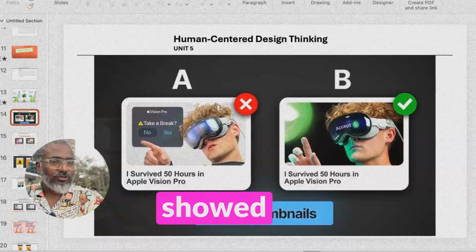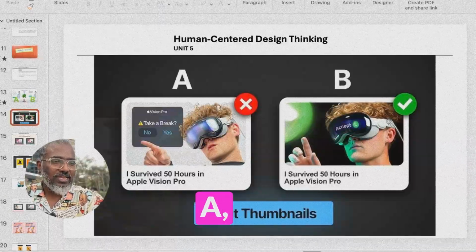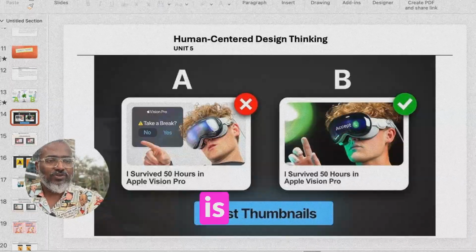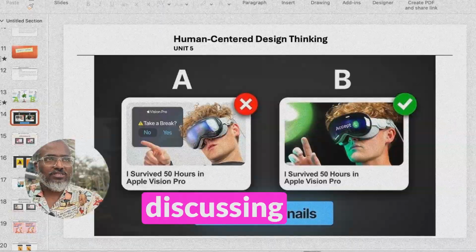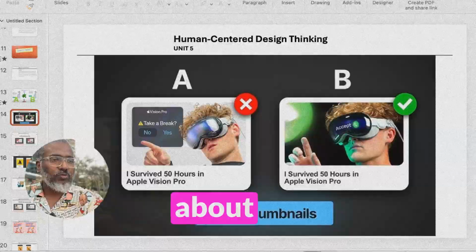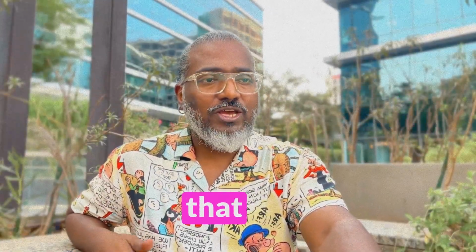The B showed that more people liked that thumbnail versus A, so that means a clear winner is B. There are reasons why B is winning. We're not discussing that, but this test is all about understanding which option works best so that we can implement that option.